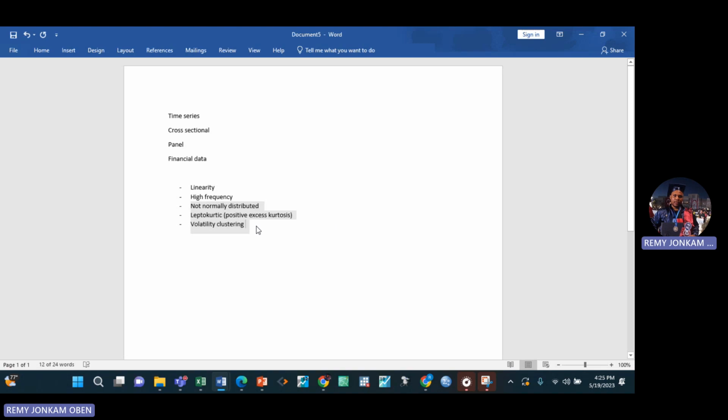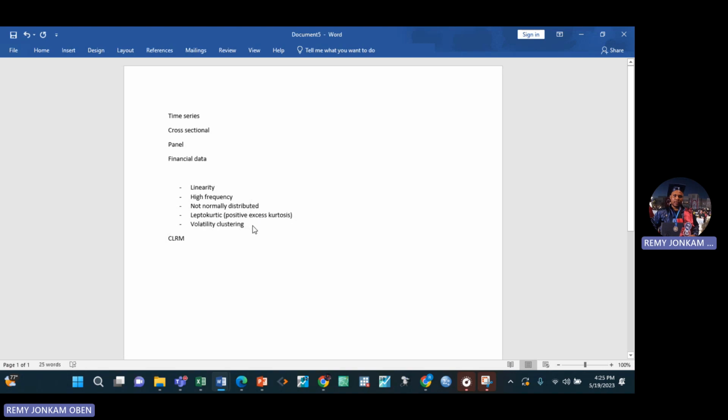For instance, with traditional time series methods, like the classical linear regression model, first of all, linear, you see here L, we expect that there should be linearity. But with financial data, typically it's non-linear. There is no linearity. And also, with the classical linear regression model assumption, we expect that there should be no heteroskedasticity. That is the variance of the error terms should be constant. But with financial data, we have volatility clustering.